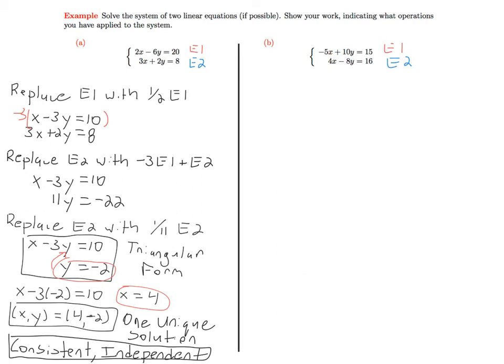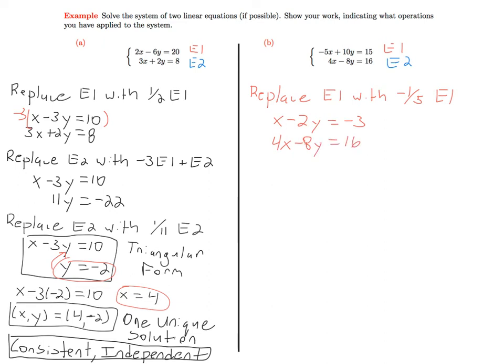So I'm going to replace E1 with minus 1/5 E1. And that's going to give me x minus 2y is equal to minus 3. And the second equation is still 4x minus 8y equals 16.